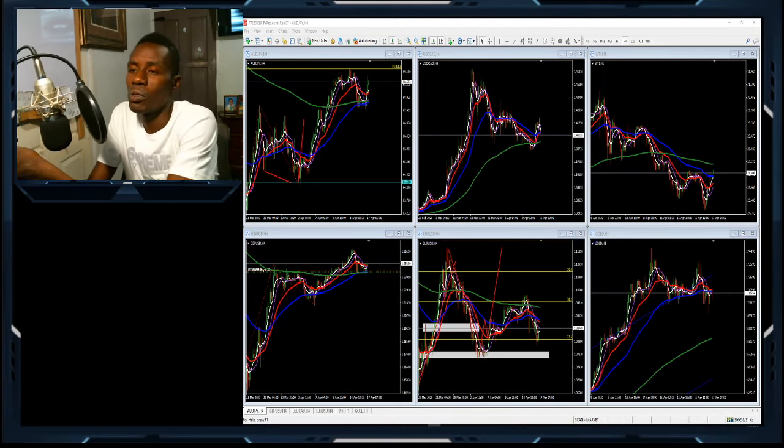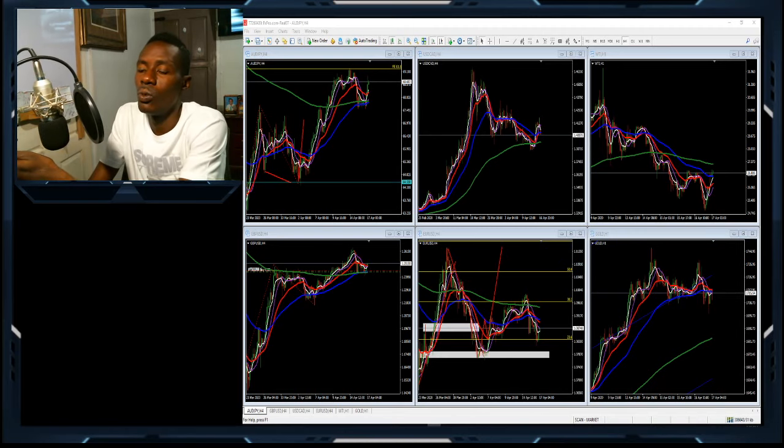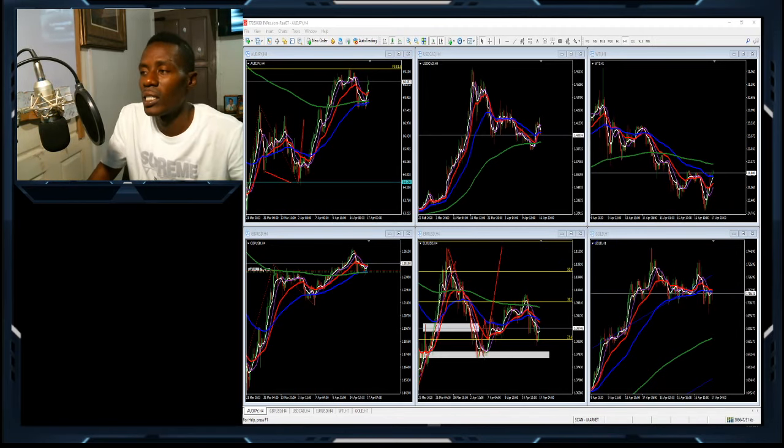My purpose for using the relative strength exercise is for choosing the best asset with the most potential to trade. So this is a market scan that I basically have out.